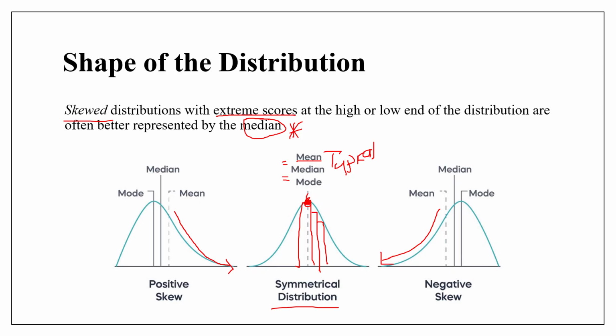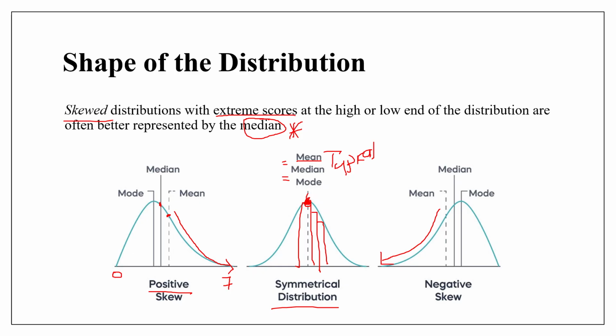So in the case of a positively skewed distribution, remember that this means that the tail is going towards the higher values. So if this goes from 0 to 7, the mean is going to become larger than the median. The median is right here, whereas the mean is now right here.